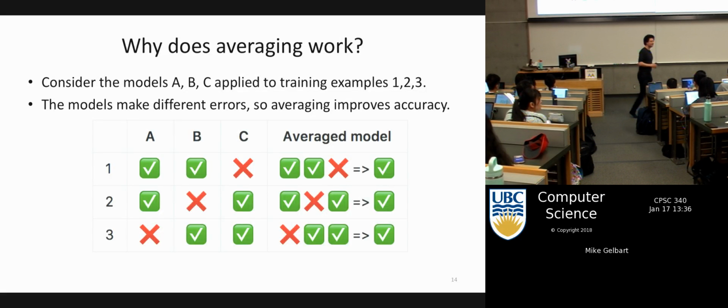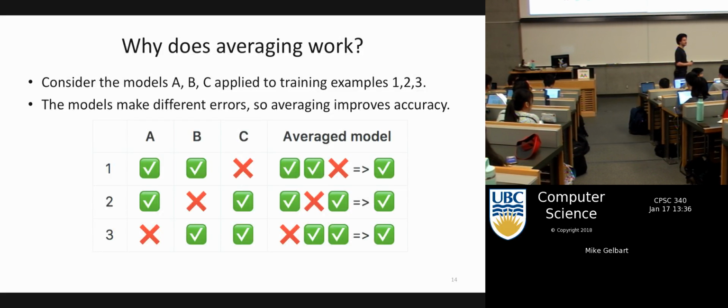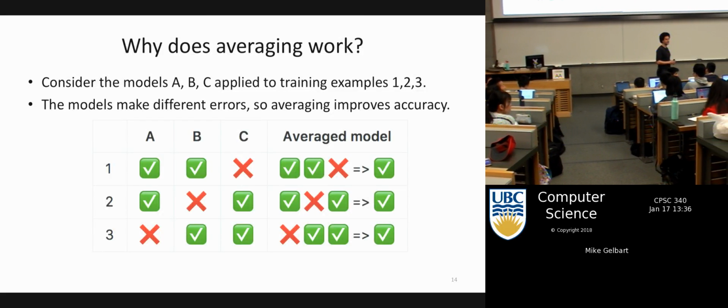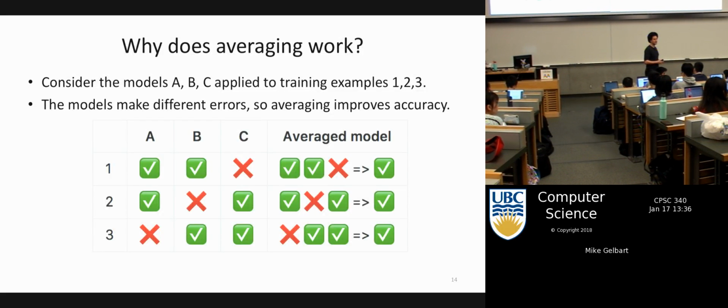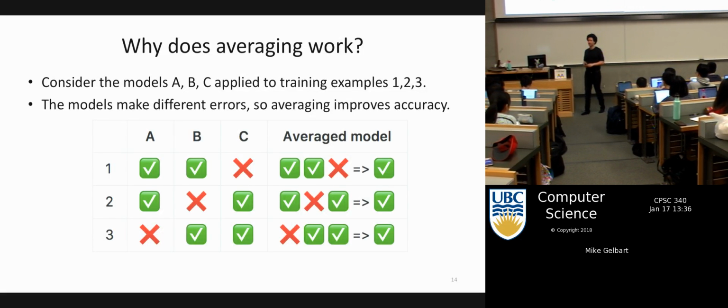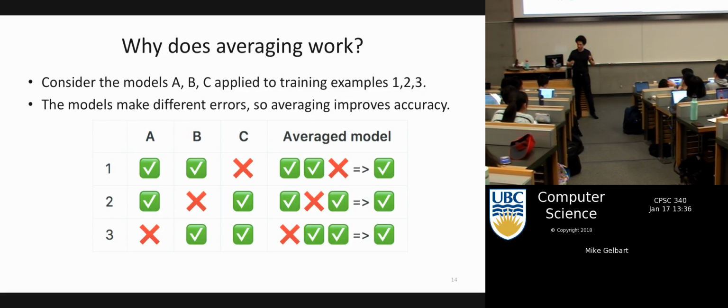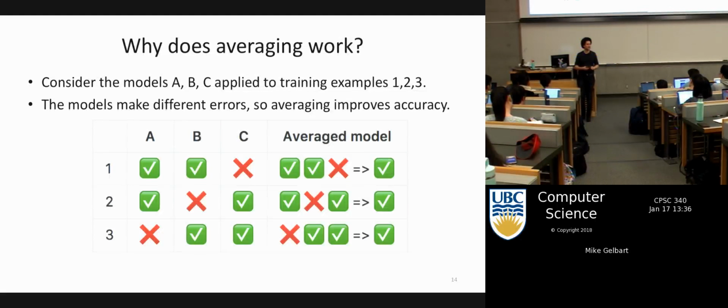What's your name? Jeannie. So let's say model A is more accurate than B and C. Do we take that into account when we're averaging? Yeah, okay, good question. So Jeannie asked if model A is more accurate than B and C, do we take that into account? So yes, there are weighted versions where, say, one model has more votes than another.